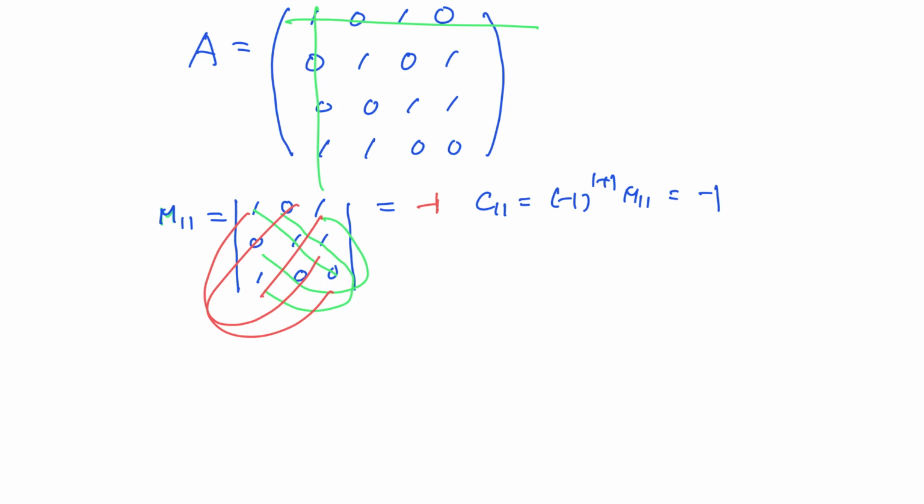We don't need the M12, right? Because this is 0. We probably need only this one, M13. This and this. 0, 1, 1, 0, 0, 1, 1, 1, 0.